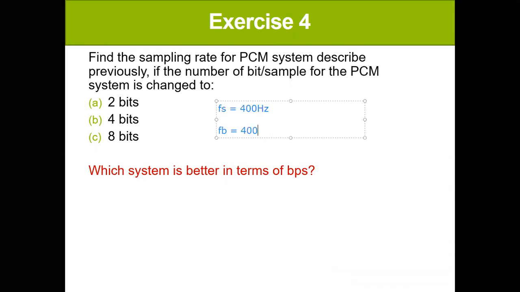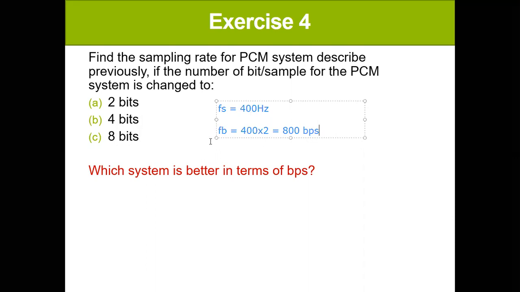FB will be 400 multiplied by 2 for the number of bits, so it will be 800 bits per second. And so on. If the number of bits is more, like for this one, 4 times 400 means 1600 bits per second, and this one will be much more.